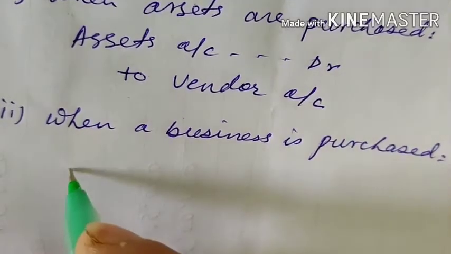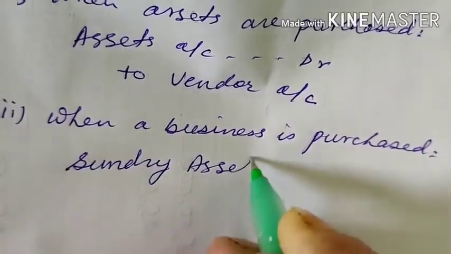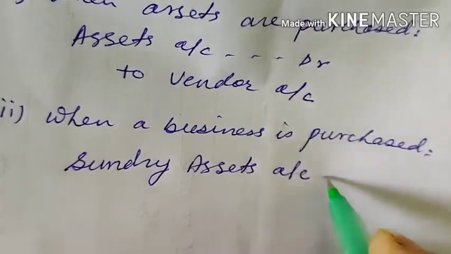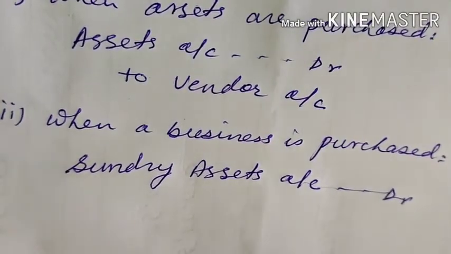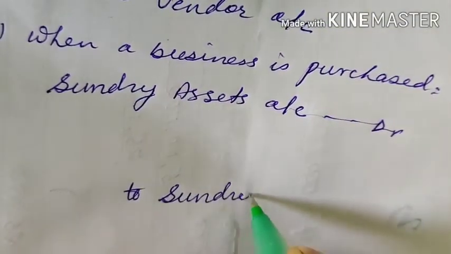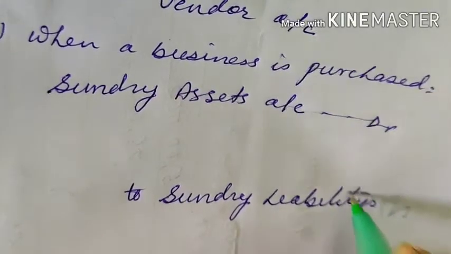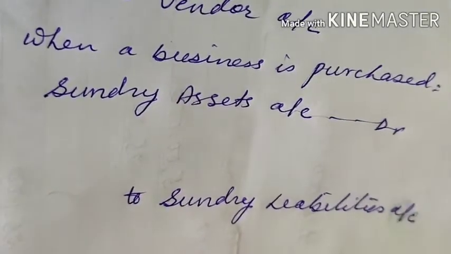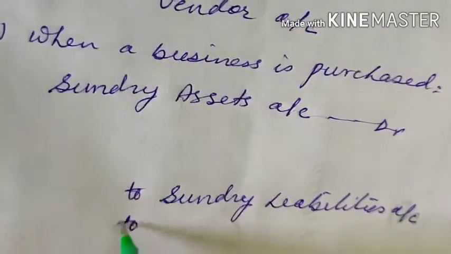So here we have the entry: Sundry assets account debit to sundry liabilities account, and it is purchased from whom? From the vendor or the seller.